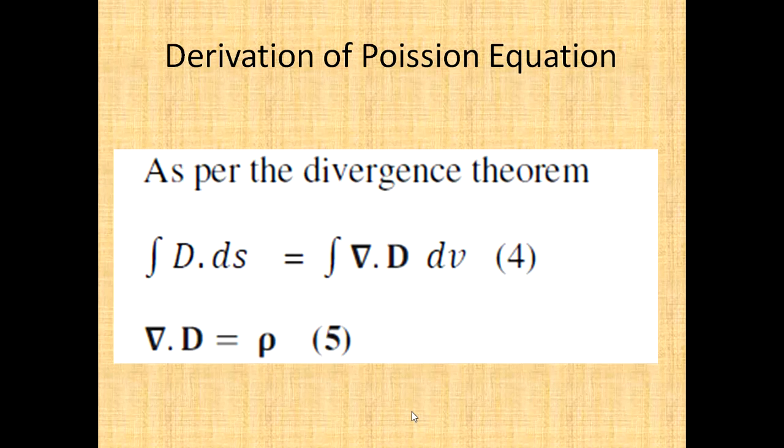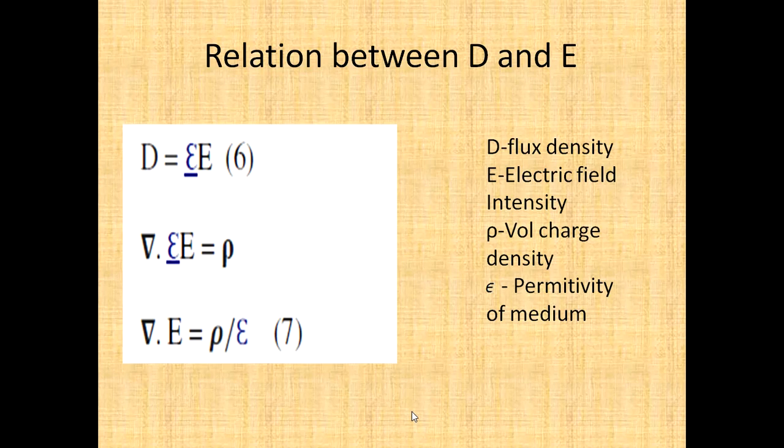This is called the divergence theorem. The relation del dot D bar is equal to rho was already proved when we discussed the concept of divergence. Now there is a relationship between E and D.